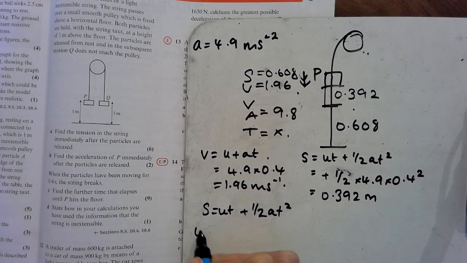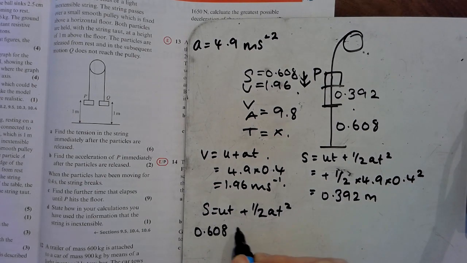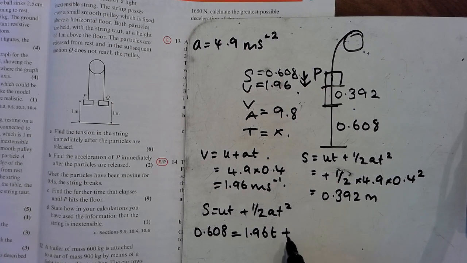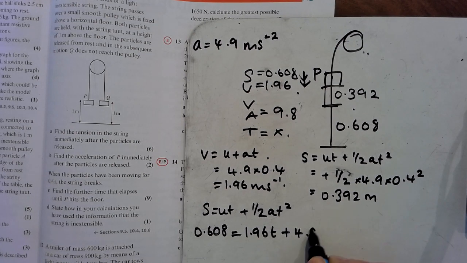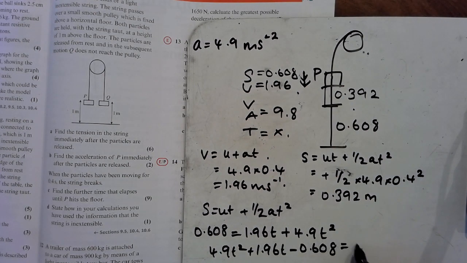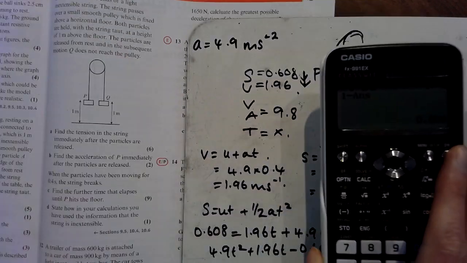So I've got 0.608 meters equals 1.96t plus 4.9t squared. Move all over to that side, and put it in my trusty calculator.